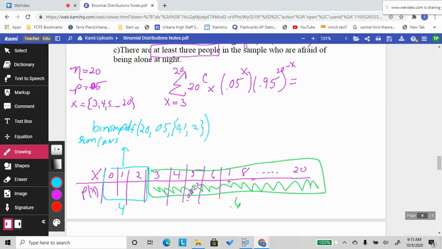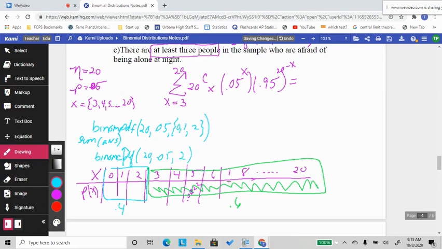That's one way to get this. Or I can use that CDF. So if I tell it to do Binom Cdf, I say 20, 0.05, and I just say 2.